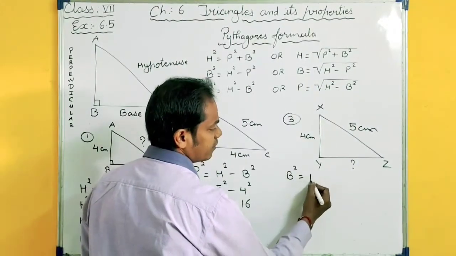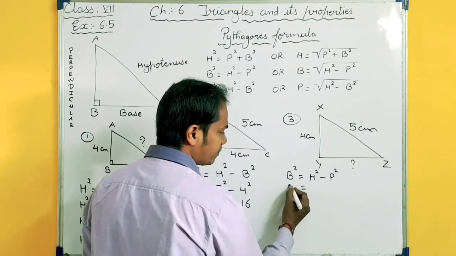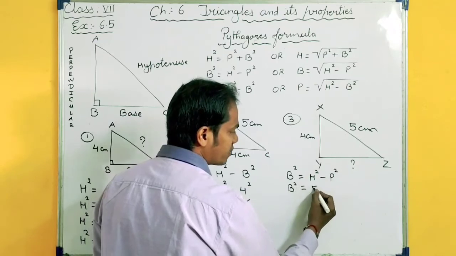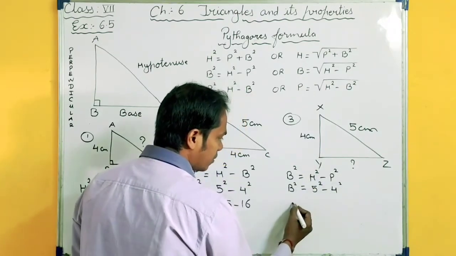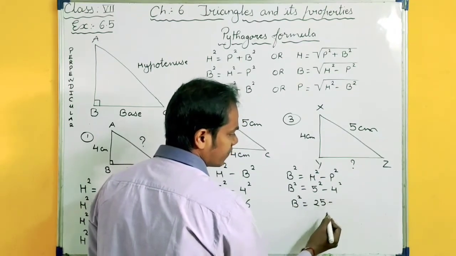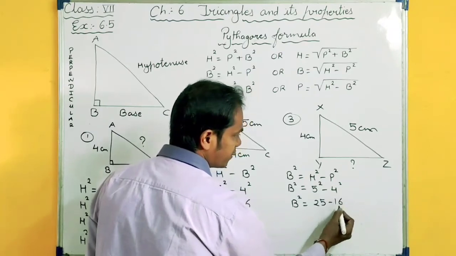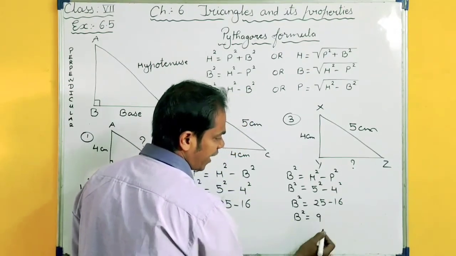Base square is equal to hypotenuse square minus perpendicular square. What is the hypotenuse? 5. What is the perpendicular? 4. So base square, 5 fives are 25 minus 4 fours are 16. So base square is equal to 9.